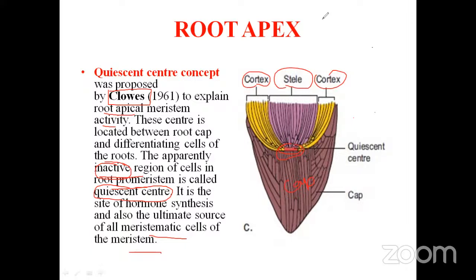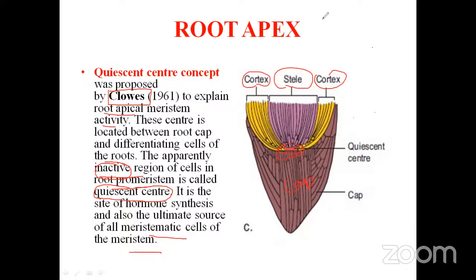This is because the quiescent center cells are more resistant to irradiation than actively dividing cells. If active dividing cells suffer any untoward action, they cannot divide. But in the quiescent center, they can change into meristematic cells, retain all the characters of meristematic cells, and actively divide.